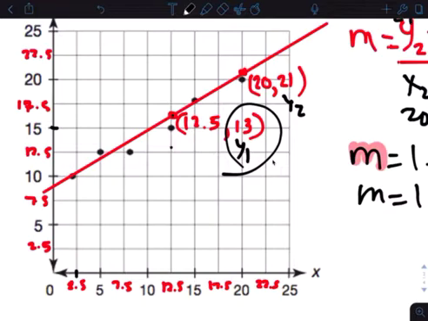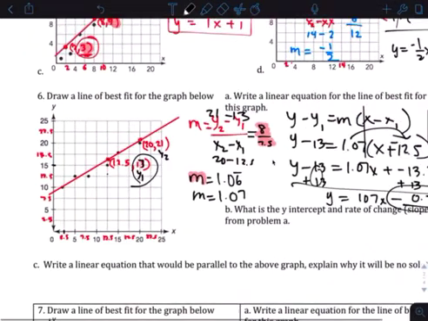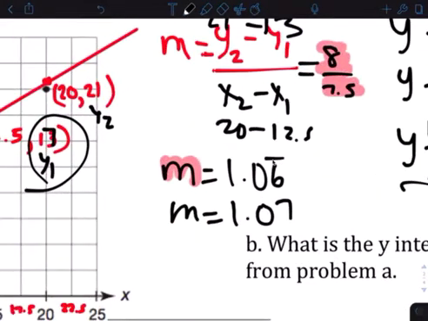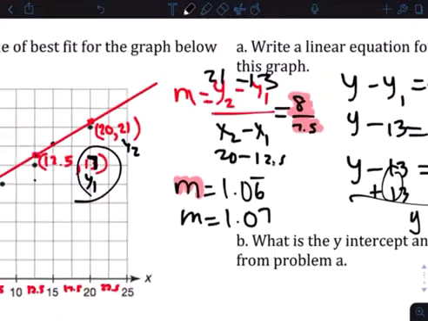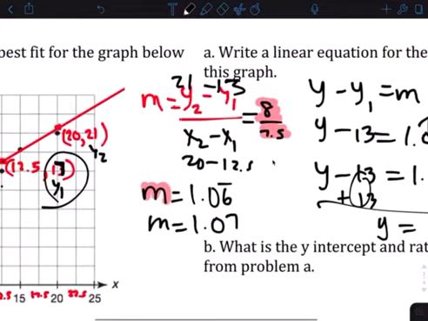This is 12 and 17. Ooh, I have to go back and change everything. This is 17. Okay, notice my mistake. This is 17. It changes everything. Change my slope. Oh my lord.